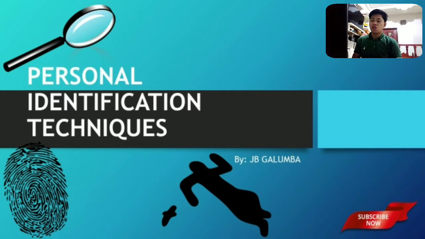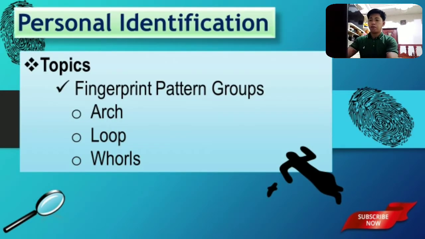So this is already part 3 of our lecture. Today, in this video, we're going to be talking about two topics only. Although it's a bit long, because we need to have an illustration with this matter, it's a challenge for me. We're going to talk about the fingerprint pattern groups.